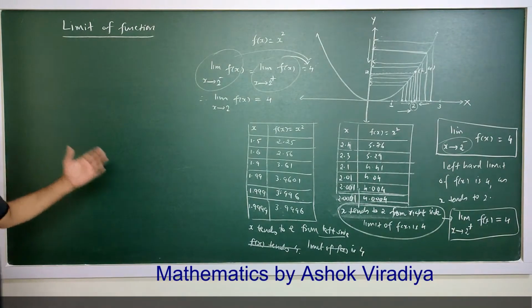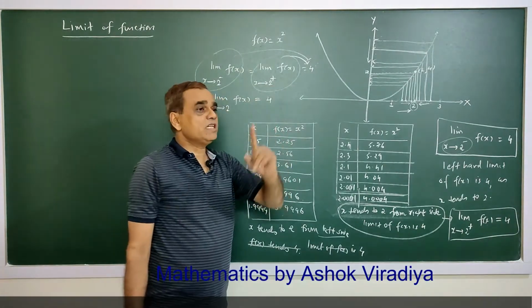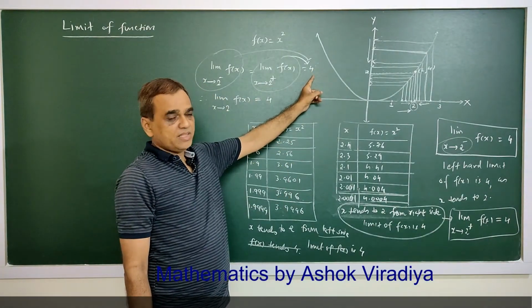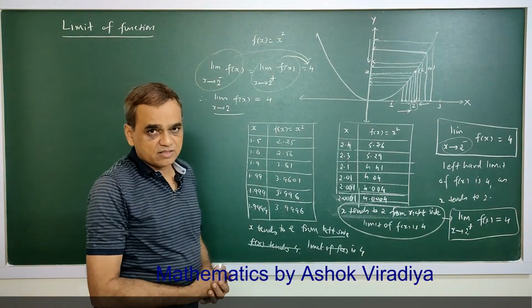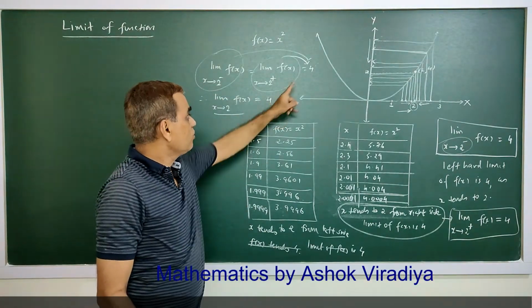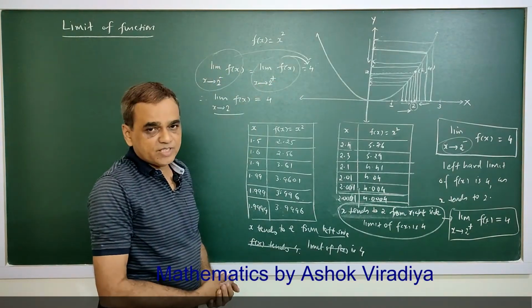For existence of limit, left hand limit and right hand limit must be equal. Then we say that limit of function exists, and it is equal to the number which is for both limits. It must be same.